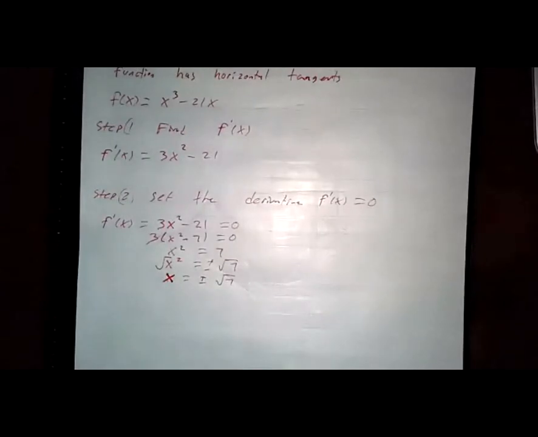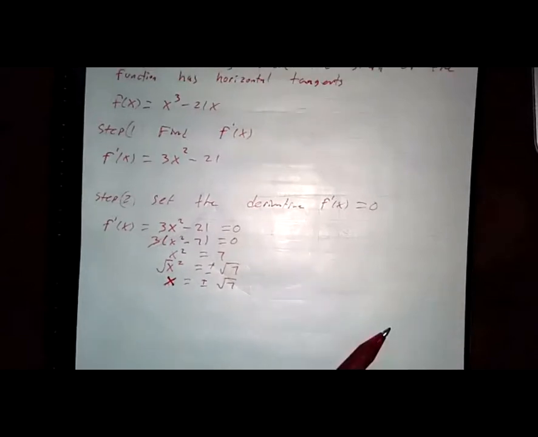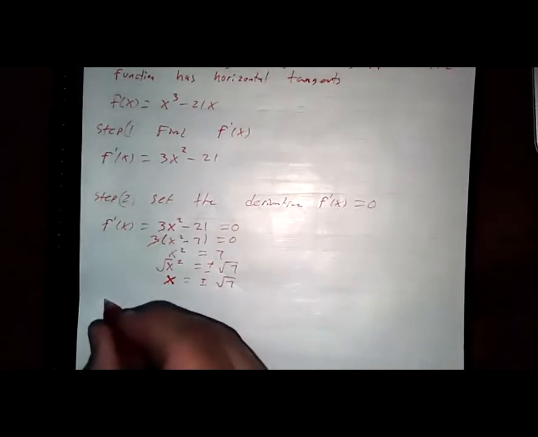So let's see. It said find the points. Let me check the answer if they want the coordinate or just the x value. I think it's just the x, but yeah, they do want the coordinate. Okay. So step 3. That means we have an extra step.